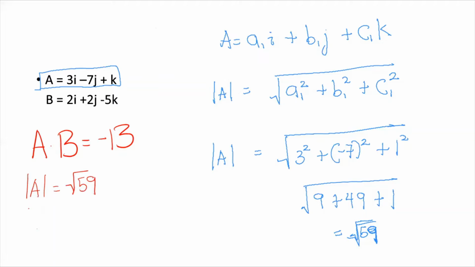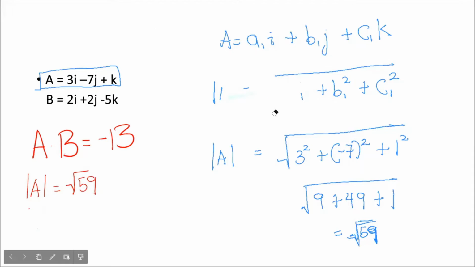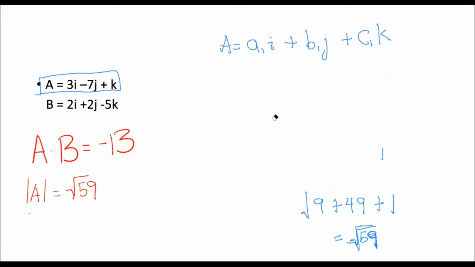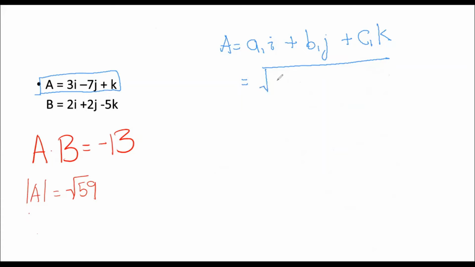So let's try and get the magnitude of B. I'm just going to put this back, so it should be a1 square plus b1 square plus c1 square.